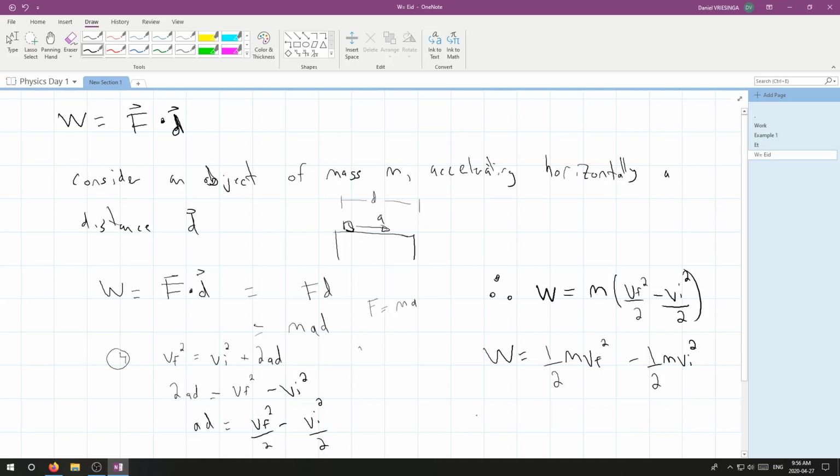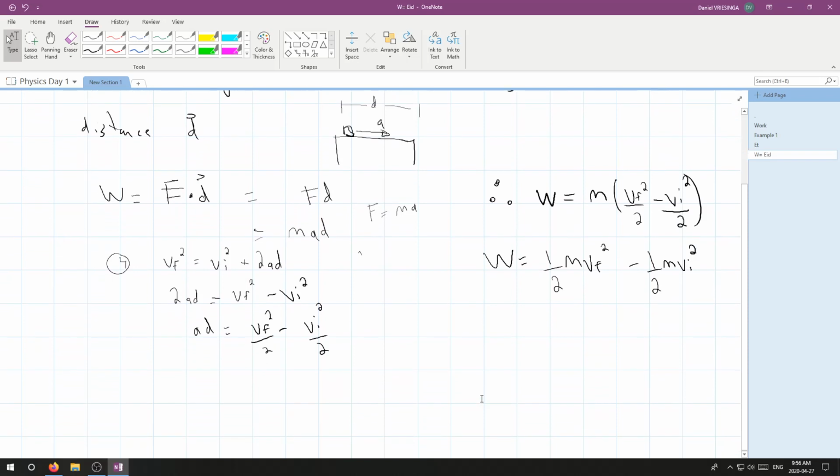And here's something that we haven't talked about, but I think you see in grade 11 for sure. This 1/2 MV squared thing, right? If we call 1/2 MV squared the kinetic energy, and we call it kinetic energy because it has a velocity term in it, and kinetic means moving.